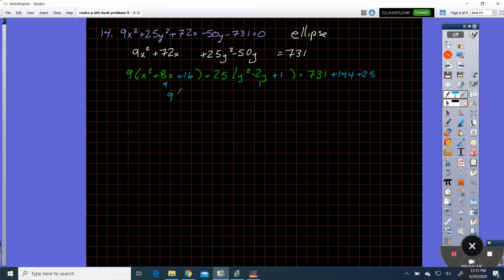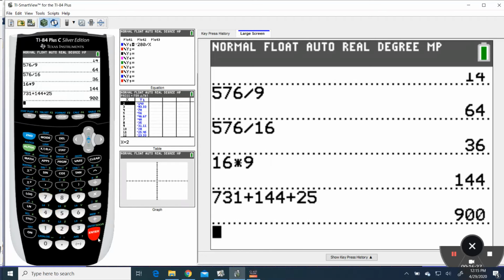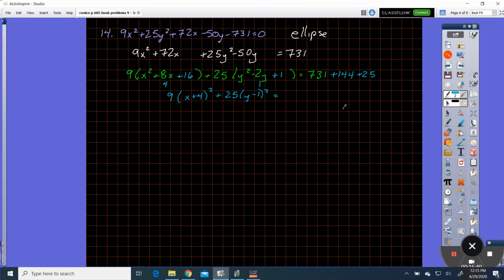So now this will factor to be x plus 4 quantity squared plus 25 times y minus 1 quantity squared equals 731 plus 144 plus 25. So 900.